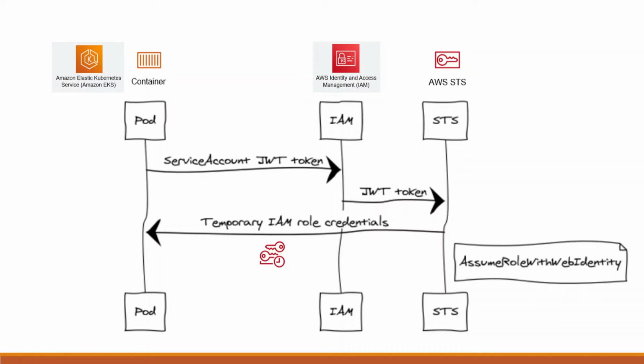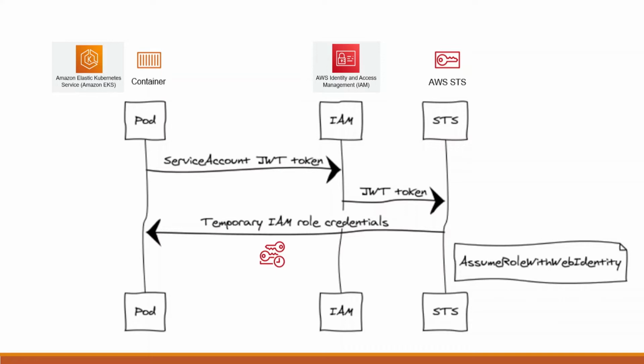Every pod is associated with a service account which gets issued a projected service account token, which happens to be a valid OIDC JWT token for pods. The pod sends this service account JWT token to the AWS IAM.